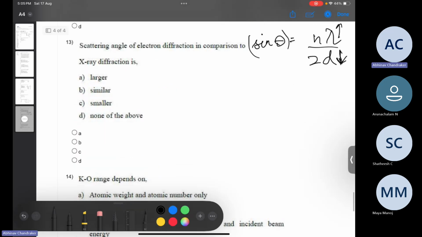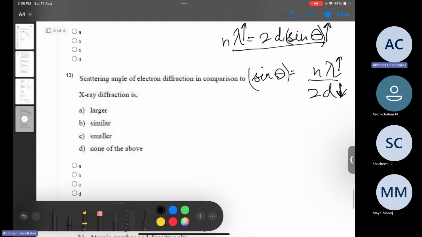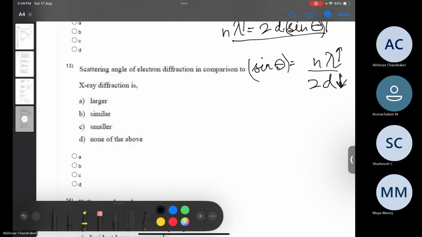If this is clear, we'll go to 13. This is again related to Bragg's equation. Here we need to comment on the theta value for these two different diffractions.